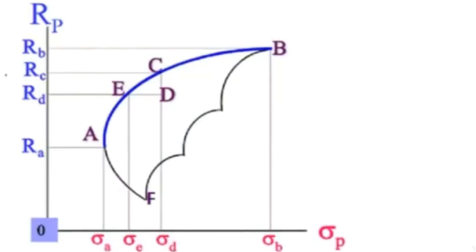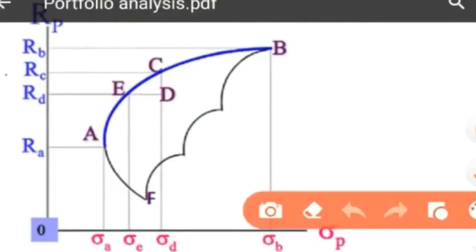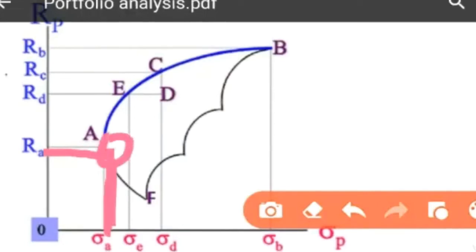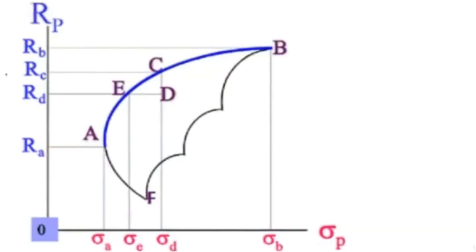That is, we had portfolio 1 with an expected return of 4.4 and a standard deviation of 3.2. So suppose we plot the 4.4 return and the standard deviation of 3.2, we will get a point, this dot.